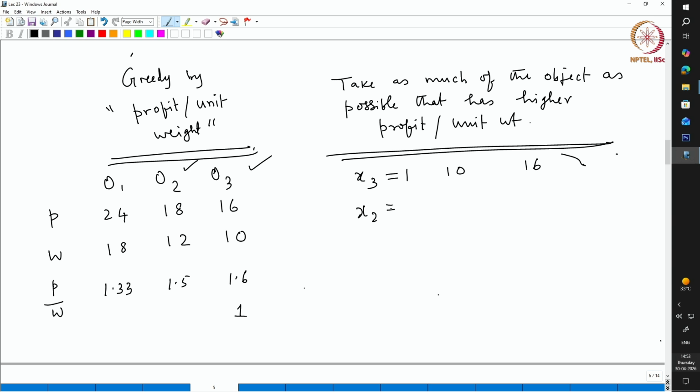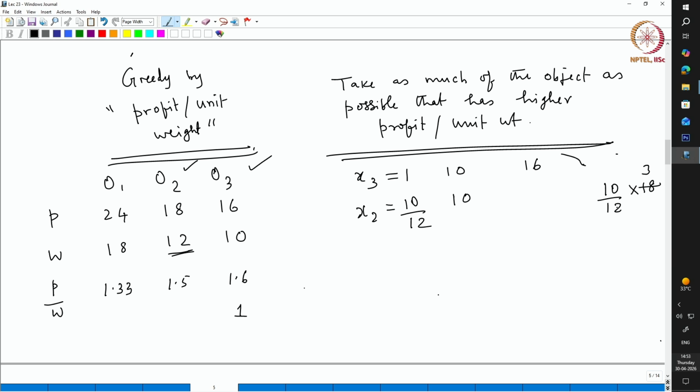So, x2 is 10 by 12, because unit weight is 12, a fraction of 10 by 12 will weigh 10 units, and this is going to give me a profit of 10 by 12 times 18.